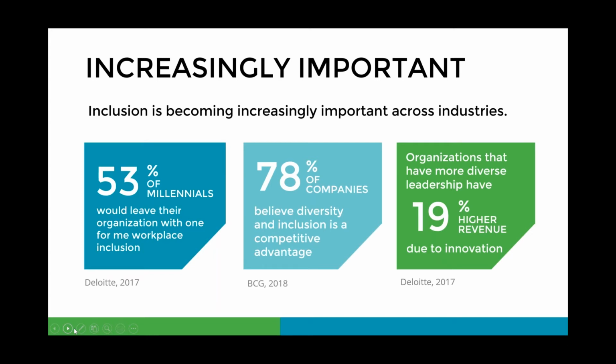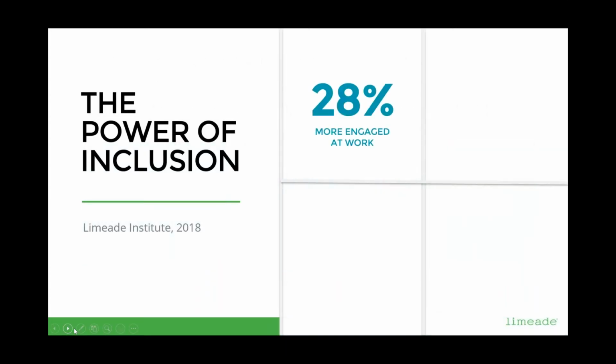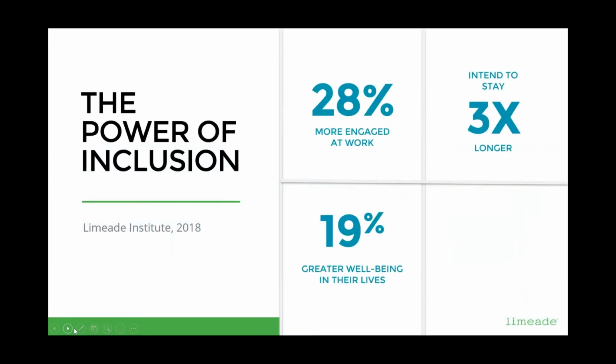So not only is it important when we think about just taking that first step towards action, but it's critical for the success of companies, I would argue, in many ways, and is going to continue to be that way. We've also seen the impact on different people results at Limeade. This is some of the research that we found last year, is that individuals who feel included at work, they're more engaged.